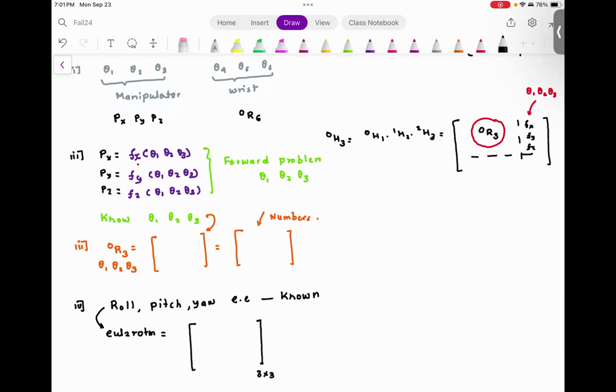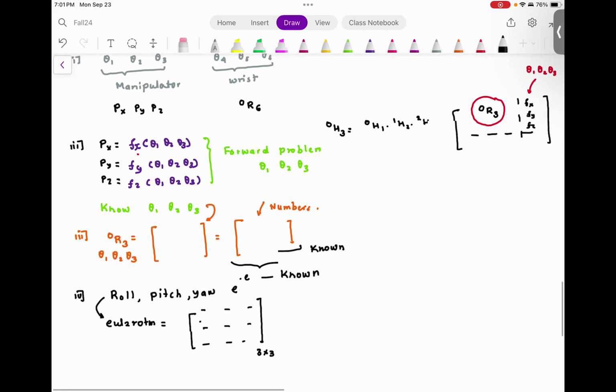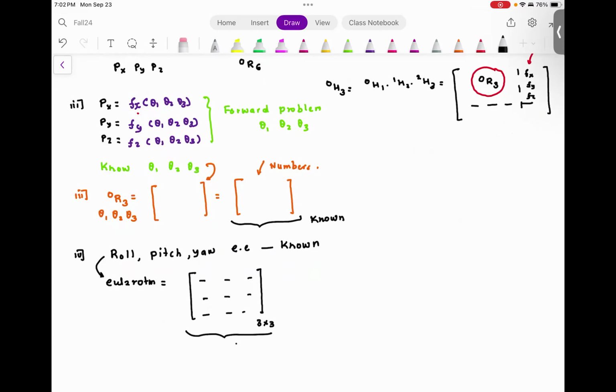Roll value is given, maybe 30 degrees. Pitch value is given, 45 degrees. Yaw value is given, 60 degrees. So you can use this command eul2rotm and you will get this 3x3 matrix. So this guy is completely known. This guy is completely known. So you have numbers here, right?